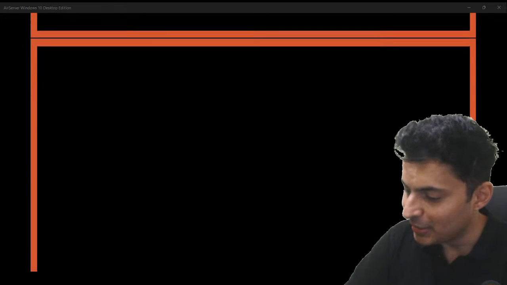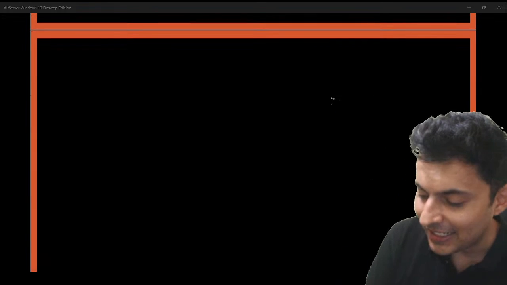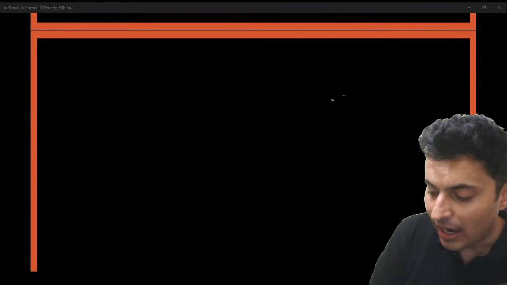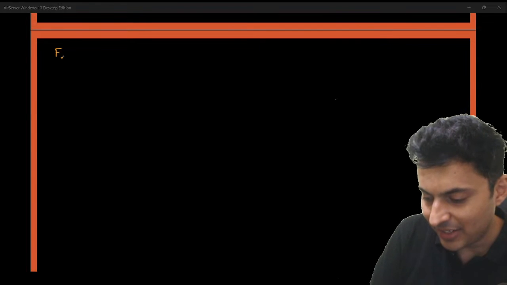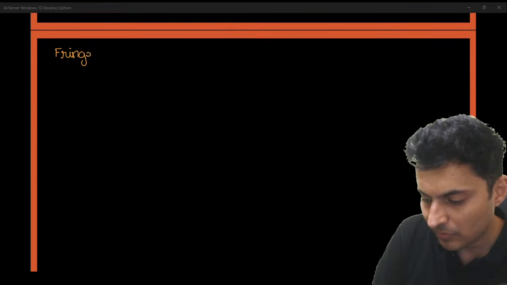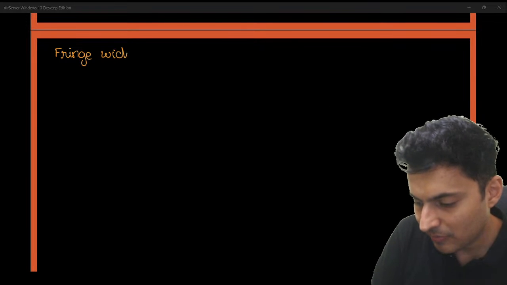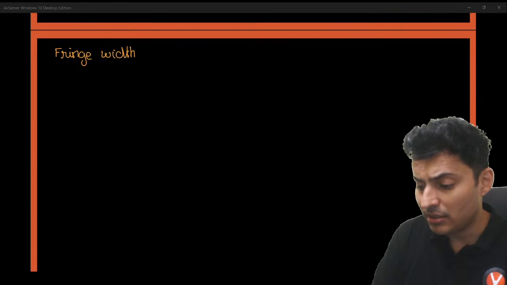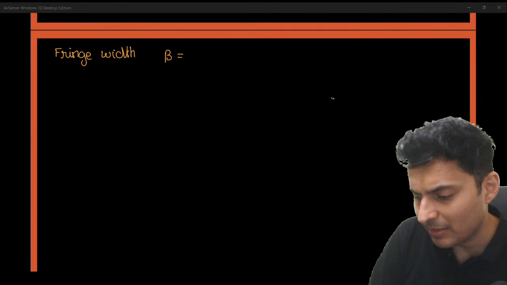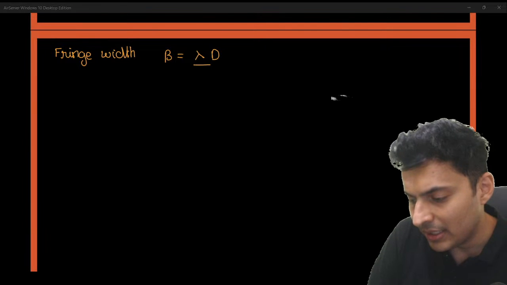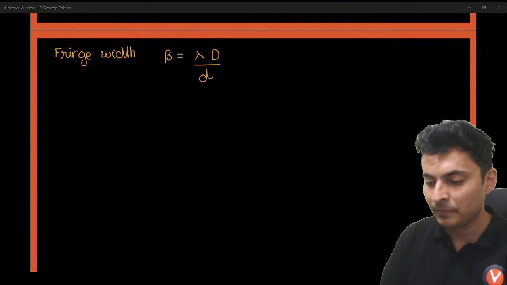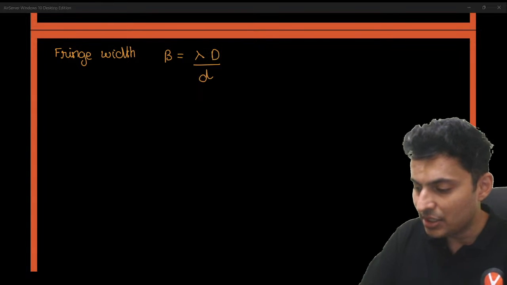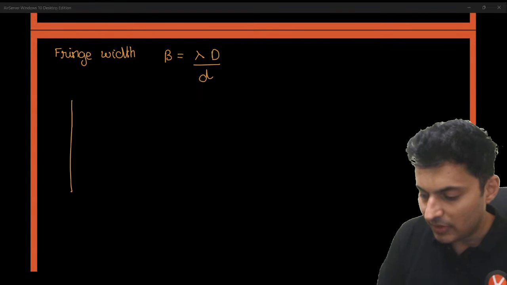Here is one interesting graph which you might need. First one, how does the fringe width vary with different parameters? First of all, if you know the formula, it becomes very simple. Lambda D by small d is the formula. So the variations look very simple, guys.